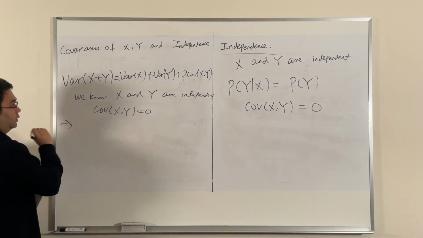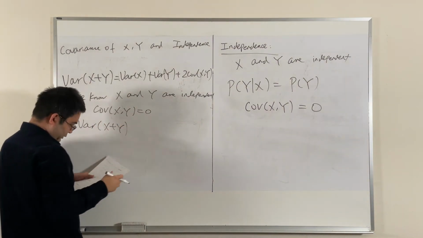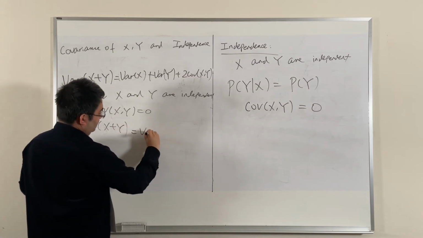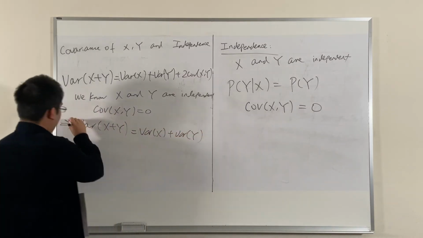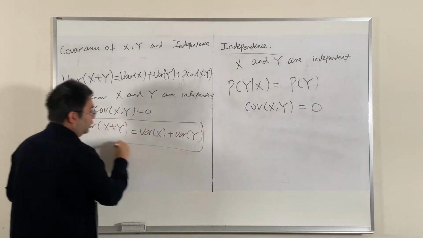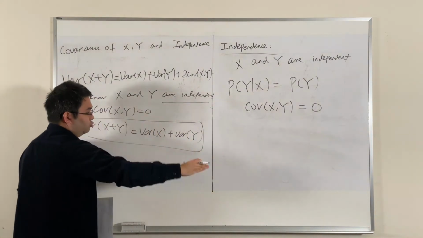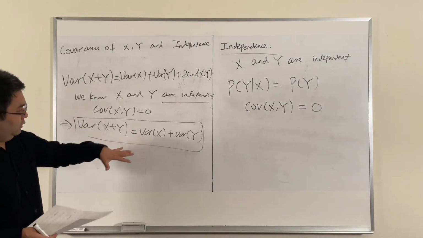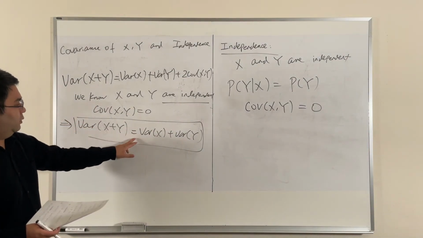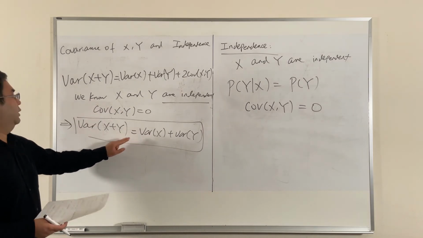Then the formula will become just variance of X plus variance of Y. Okay? So if we know the 2 random variables are independent, then you can just drop the covariance term. We'll see in future concepts that this formula is very important because it will simplify our calculations a lot.